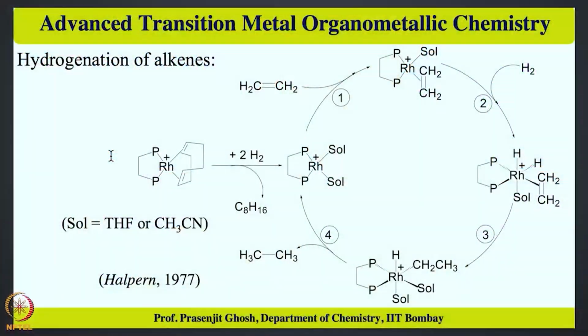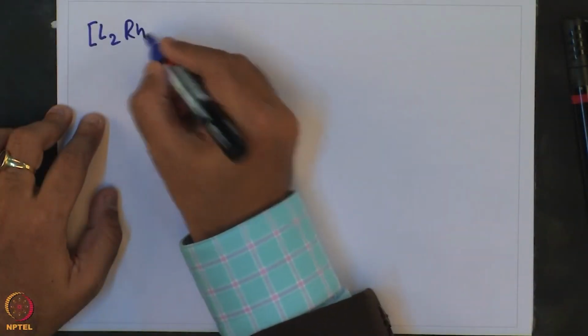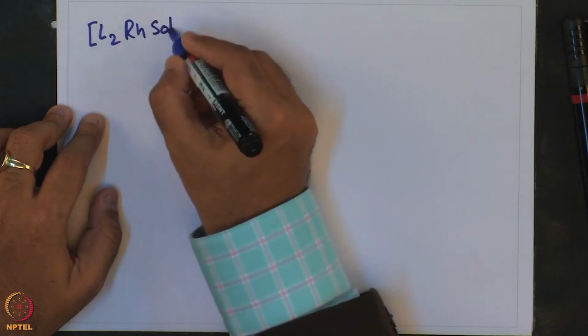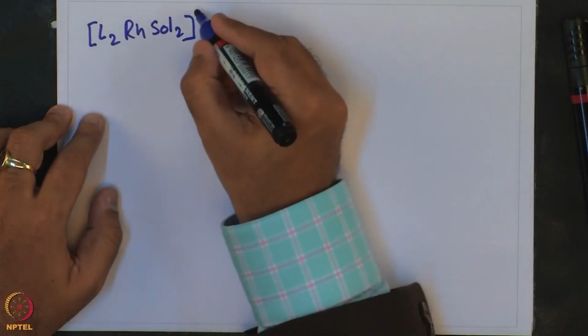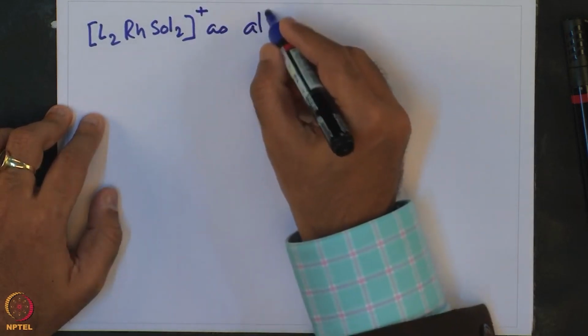Now, in this context of olefin hydrogenation, we will be talking today about another catalyst, of the formula L2Rh(Sol)2+, which was reported by Schrock and Osborne, as an alkene hydrogenation catalyst.